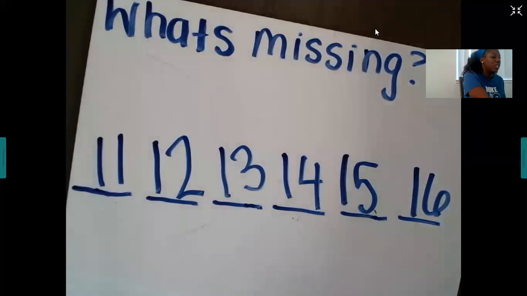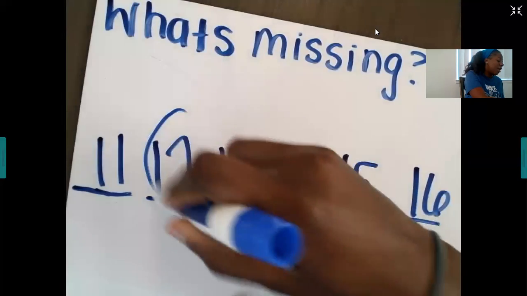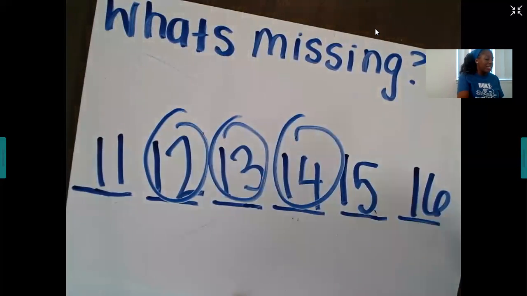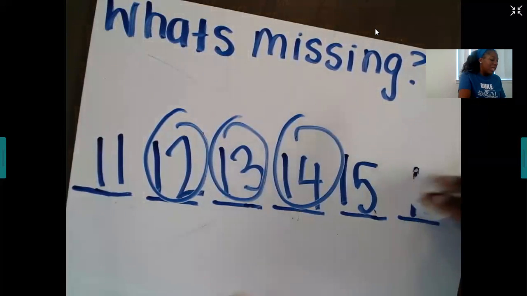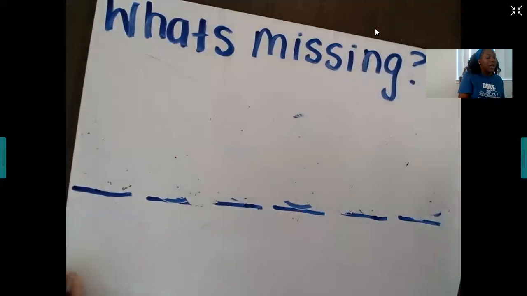How do you know if you did it correctly? Well, are your numbers in the correct order? Yes, they are, and you were able to find 12, 13, and 14. That is what is missing. Let's go ahead and look at another one. But I think I'm going to hide my board from you this time because I think that made it too easy. So let's try this a different way.